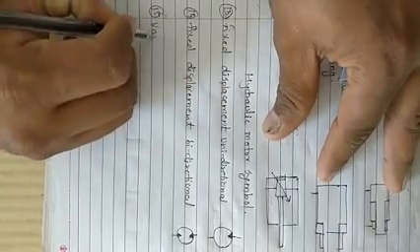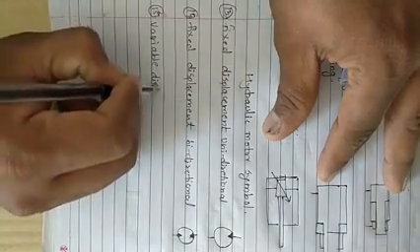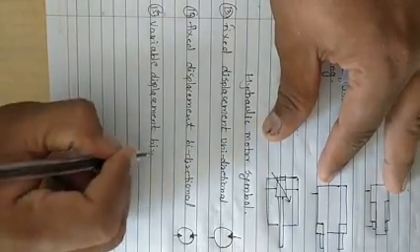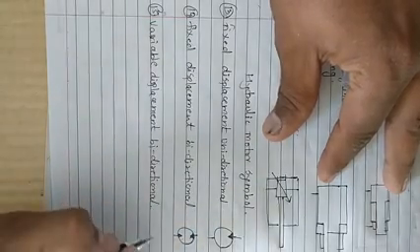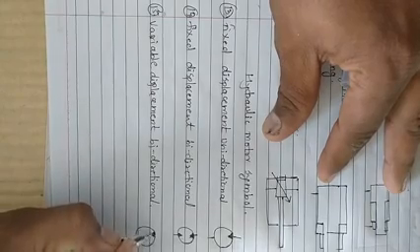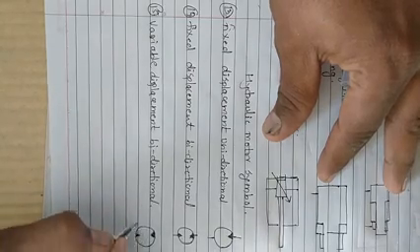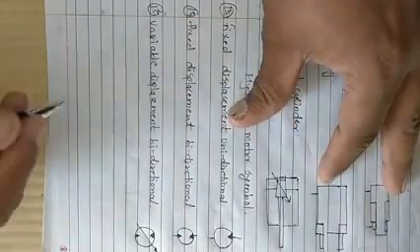Then there is a variable displacement bidirectional. Okay, it has two directions, and this is a variable displacement symbol.